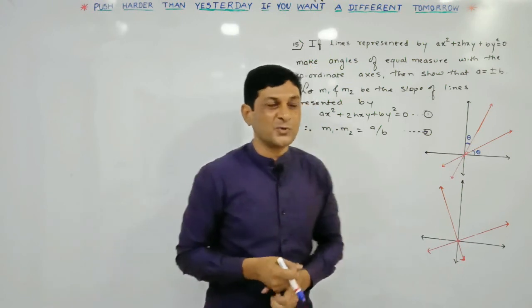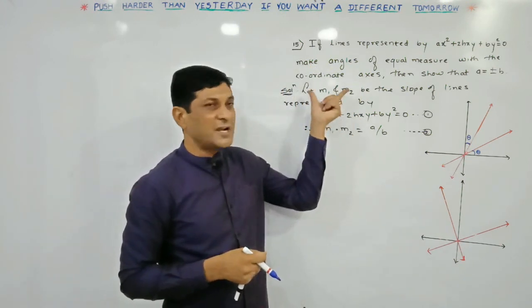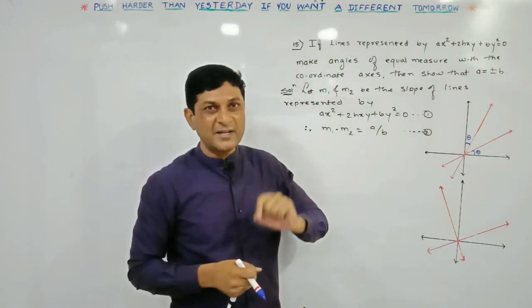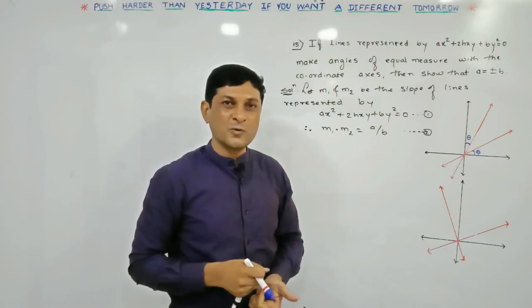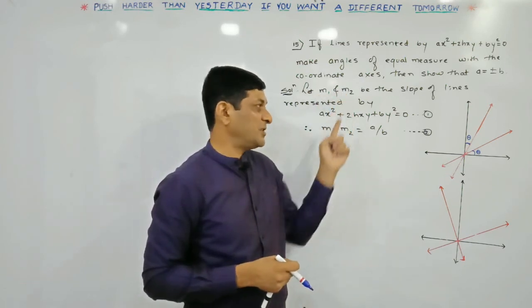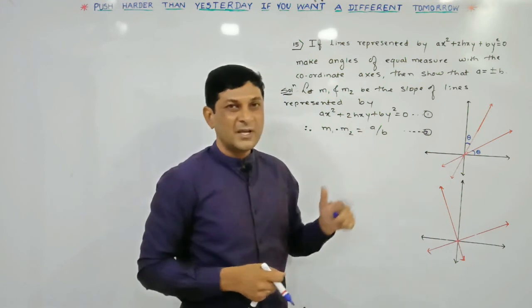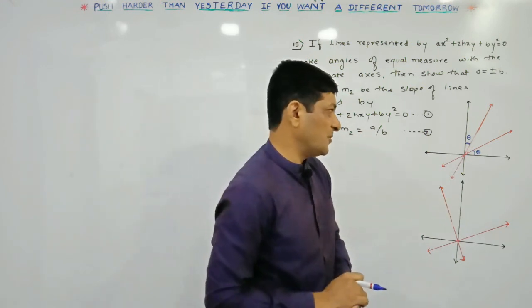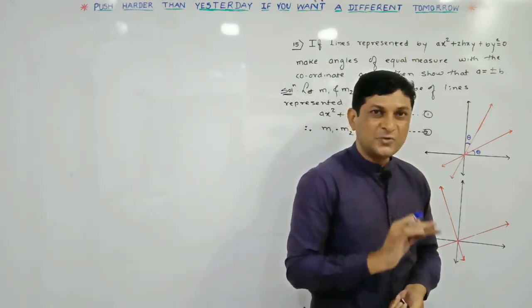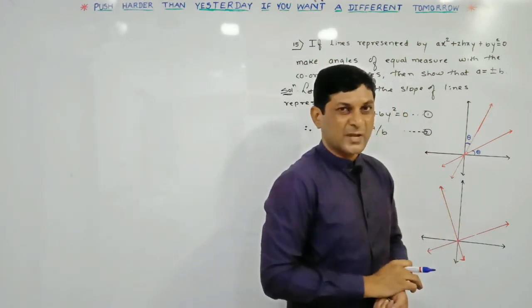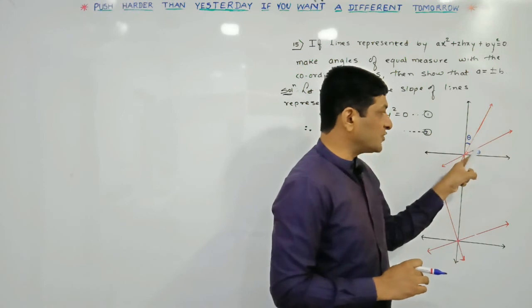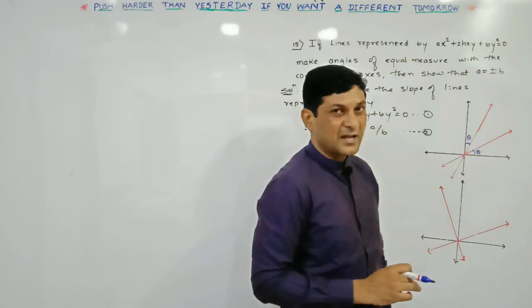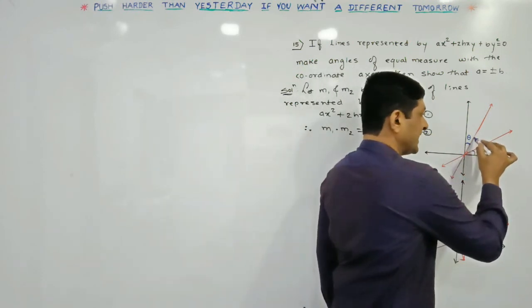Now we denote the slopes of the lines represented by this homogeneous equation by m1 and m2. If m1 and m2 are the slopes of the lines represented by this equation, then the product of the slopes is equal to a by b. This is the standard formula which is already known to us. Now we are trying to find the inclination of these two lines. What is the inclination of the first line? Theta. And the inclination of the second line?